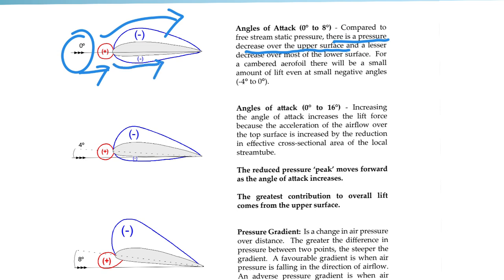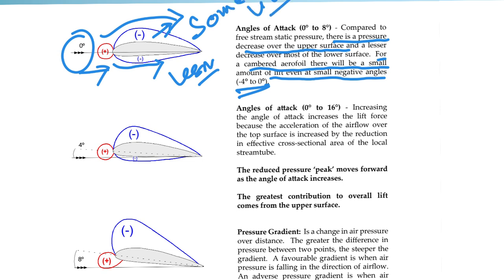But the pressure decrease at the upper is more, and it is less at the lower. So for a cambered aerofoil, there will be a small amount of lift at small negative angle of attack. That means minus 4 degree to 0 degree. So at 0 degree, we are getting some lift.